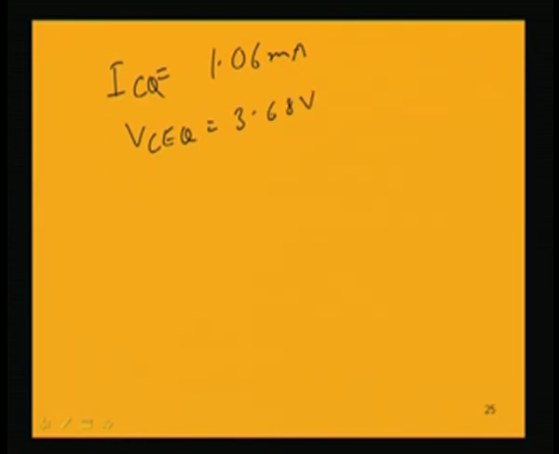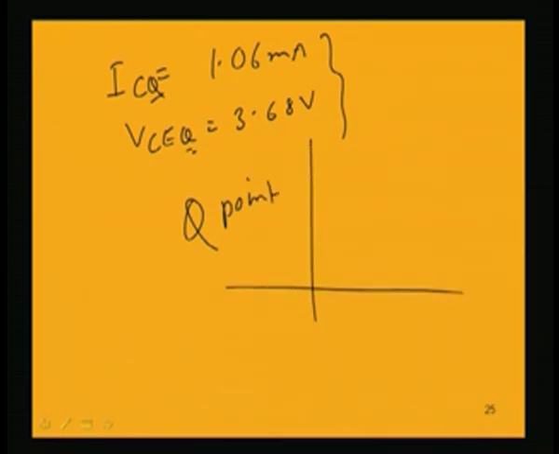You can check this calculation, and this will be the operating point Q. The Q is written in the subscript, meaning that these are the values for that operating point condition, that is the DC condition. This Q point you can find on the load line, where it will be either here or here or here. The location of the Q point is important.